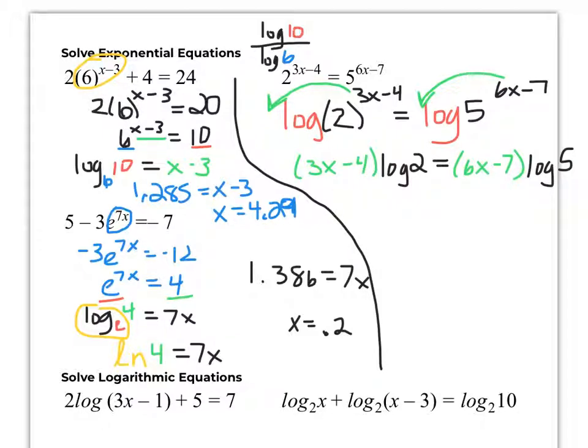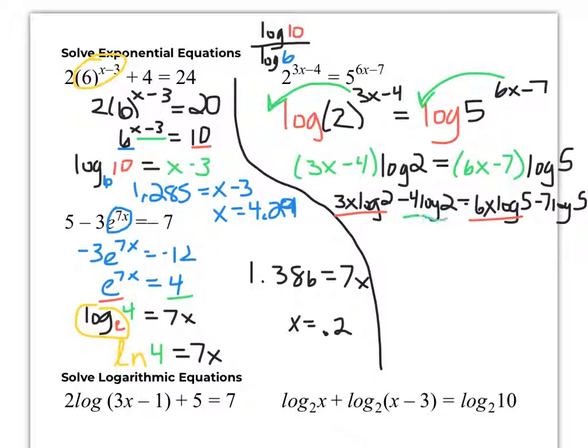So when I distribute, I get 3x log 2 minus 4 log 2 equals 6x log 5 minus 7 log 5. The next goal is to get all the x's on one side. So I'm going to leave the 3x over there and subtract the 6x. And then get the non-x terms to the other side.